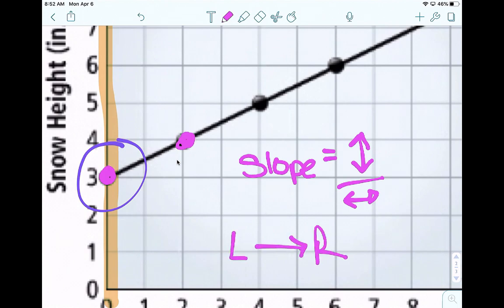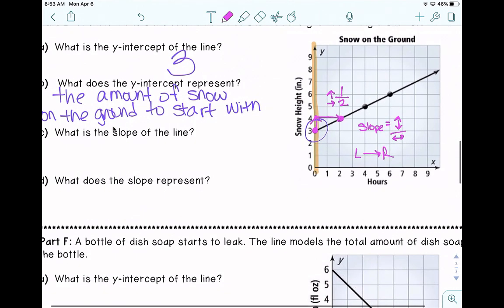Starting at this point, am I going up or down to get to the next point? If you said up, you're right. I go from 3 to 4, so I go up 1. And then I run over 2. So in this case, my slope is 1/2.